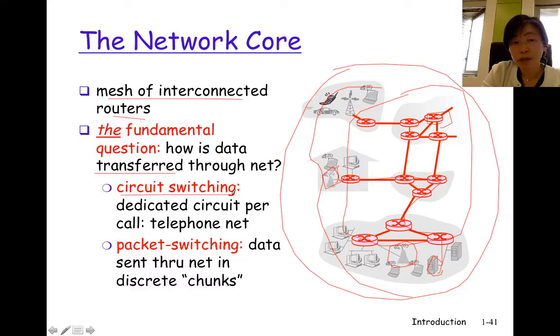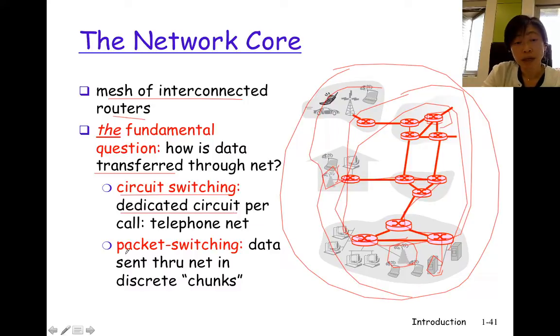The first is called circuit switching. Okay, this was actually how it works for the telephone network. So think of this as necessary as well in the backbone of the telephone network, and that network implements circuit switching. What it does is dedicate a circuit, a hardware circuit, per call connecting a speaker and the listener.